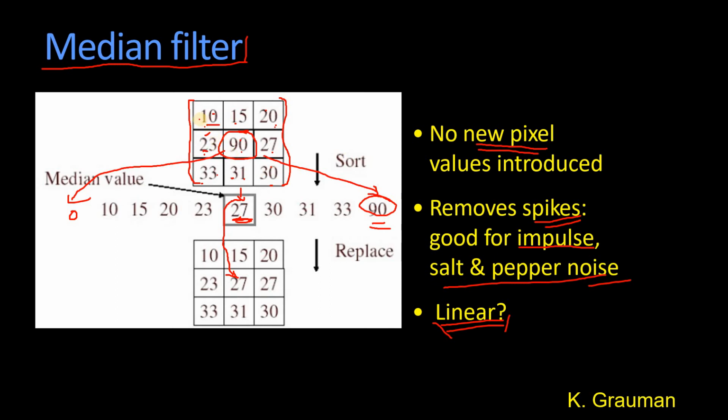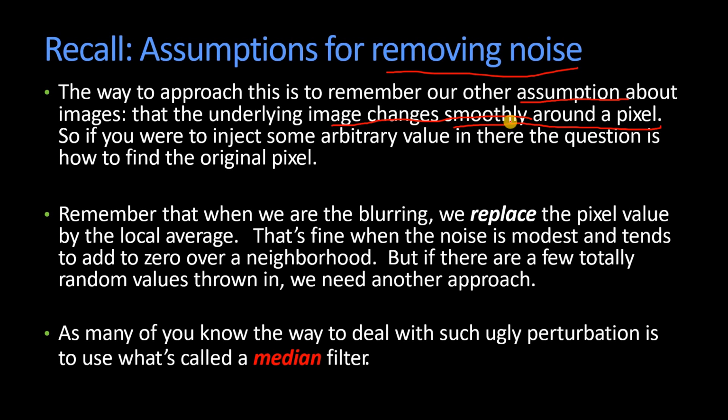So let's say this example: if there is an image where in practice the value is really changing from 23 to 90. If the image has so many changes, you cannot find the noise. Not easy. So the changes occur smoothly. That is one assumption you make for removing noise.